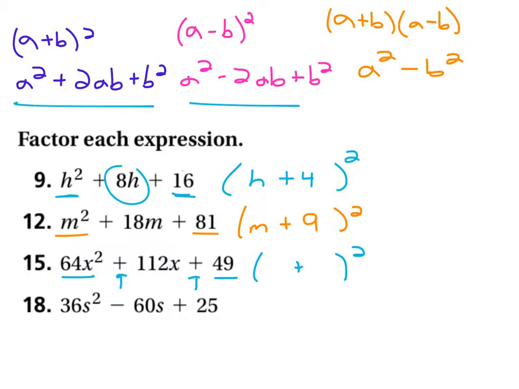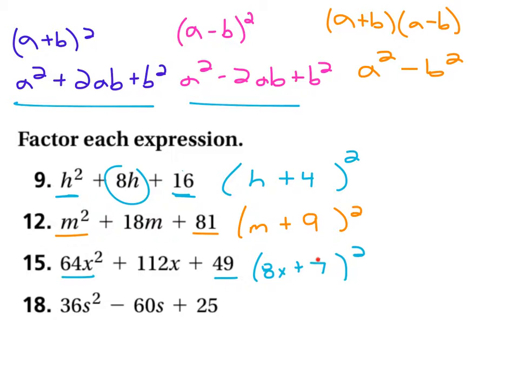Now, what is 64x squared, the first term, when you square root it? The square root of 64x squared is 8x. What is the square root of the last term, 49? That's 7. Okay, so we think we did it right, but we need to verify.